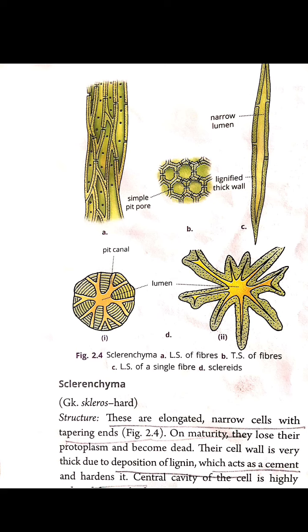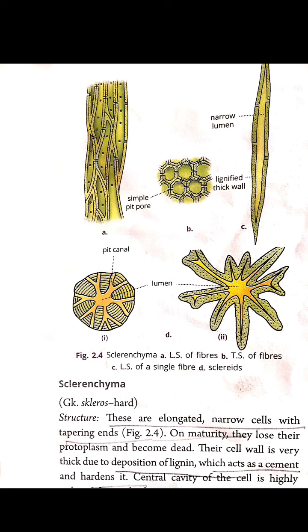Sclerenchymatous cells provide mechanical strength to the plant's parts. They protect the plant from environmental forces like strong winds and make the plant hard and stiff, and the husk of coconut is made up of sclerenchymatous tissue. Got it?